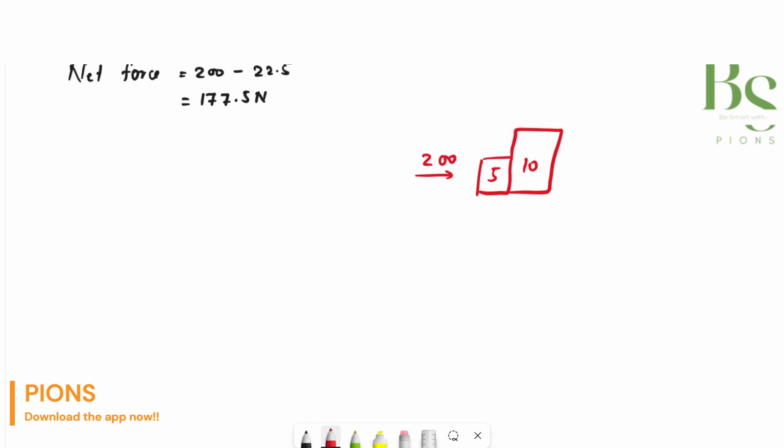If the action is on the right hand side, the reaction will be on the left hand side. So the reaction force will be 177.5 Newton, leftward.